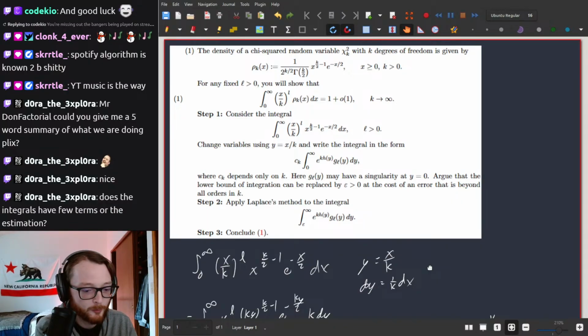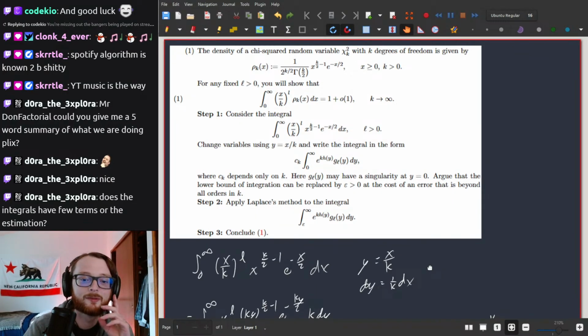I'm currently looking through my notebook trying to figure out what I'm supposed to do for this problem that's on the screen right now. Beyond all orders in K. I don't know.